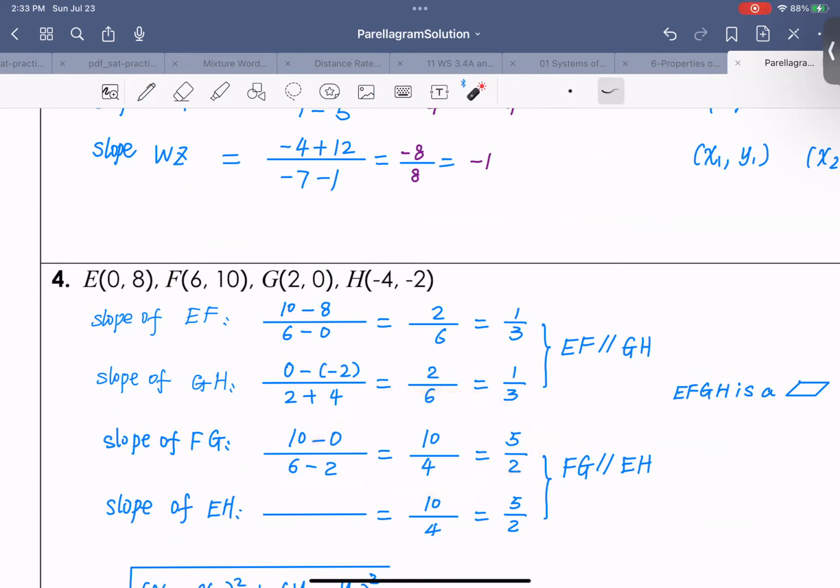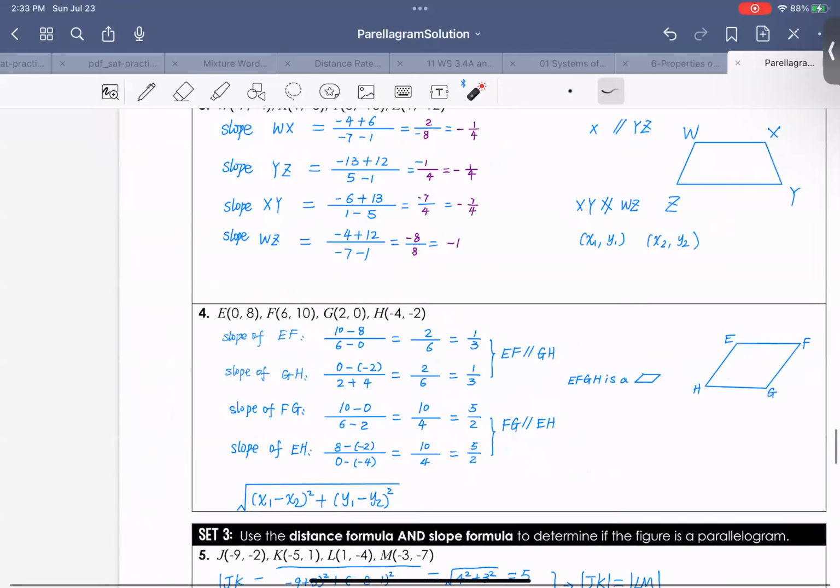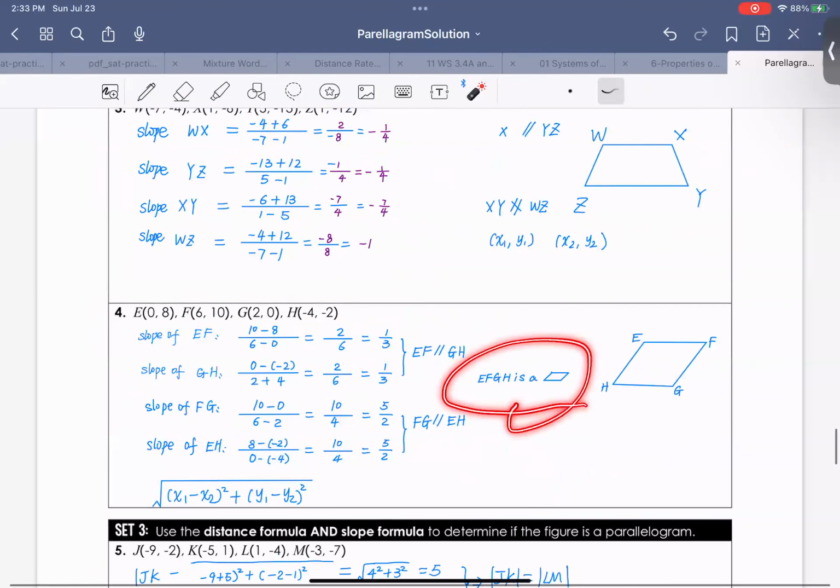And then let's get the EH. Go ahead, please. It's 8 minus -2 divided by 0 minus -4. This is 10/4, yeah. Right. So you have the opposite side, two pairs parallel. So this is going to be a perfect parallelogram.